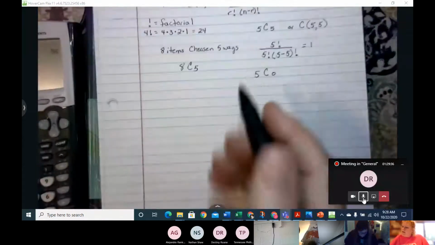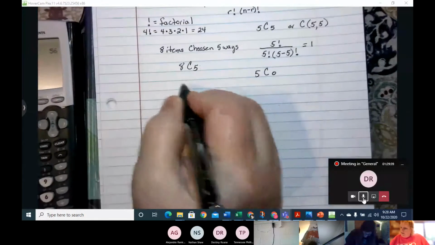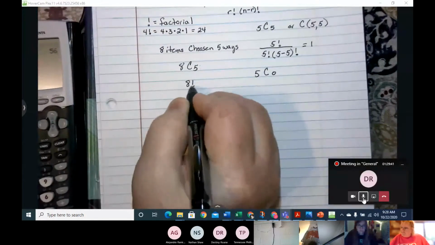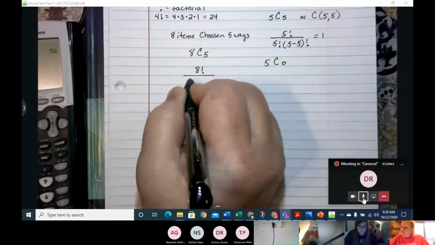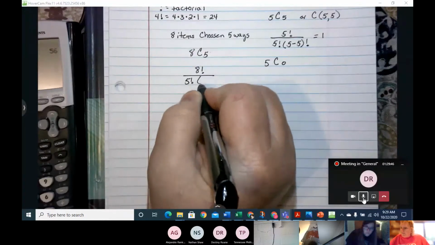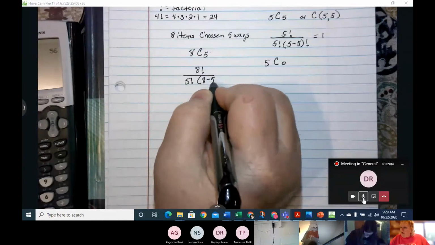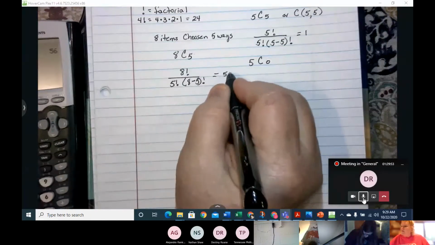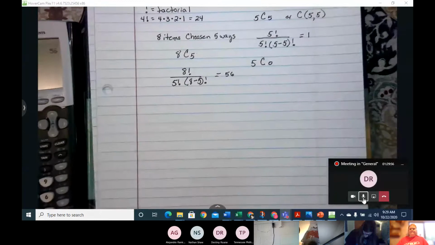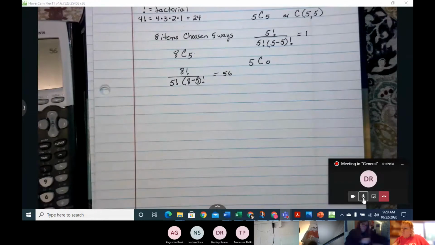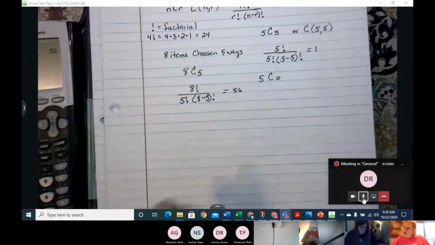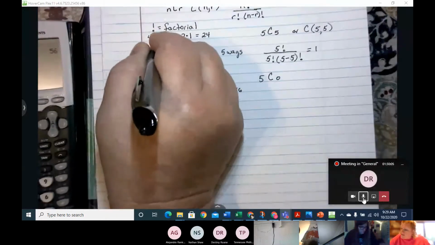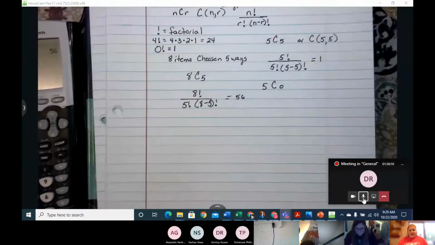Putting that in the formula, that would be the 8 factorial over 5 factorial, 8 minus 5 factorial, and you should still, when you work that out, get 56 by hand. As a side note here, you also need to know that 0 factorial equals 1 when you calculate that.